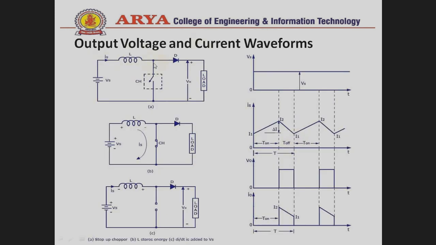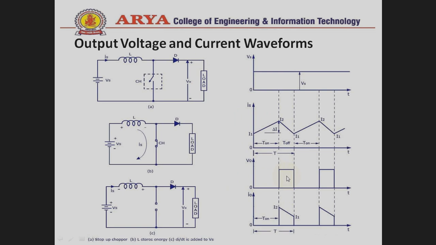Now the output voltage and current waveforms of step up chopper. As you see in this figure, the source current rises when chopper is on because the inductor stores the energy, and the source current decreases when chopper is off. And V out we always get when chopper is off.